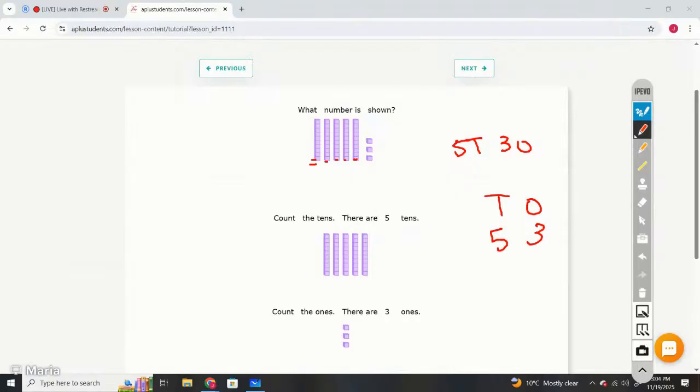So together they make 53. The correct option is 53.